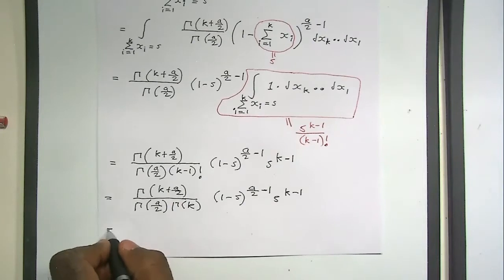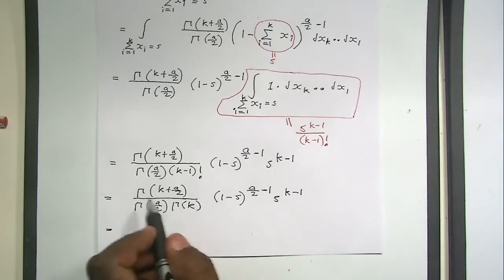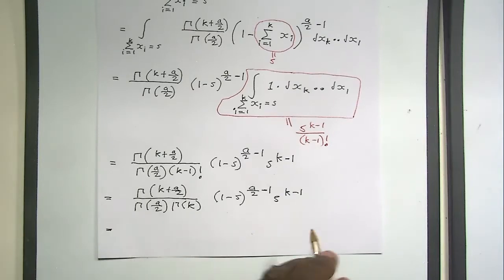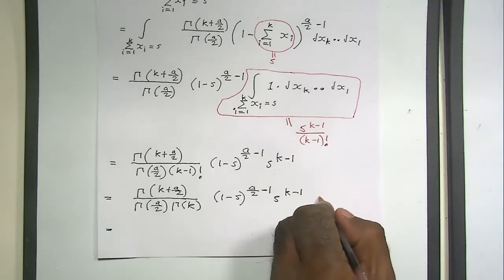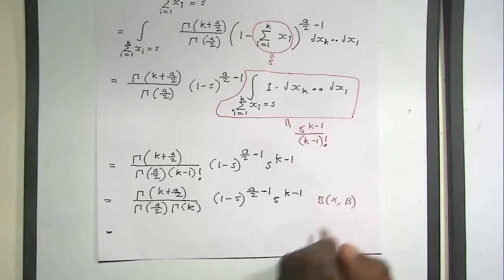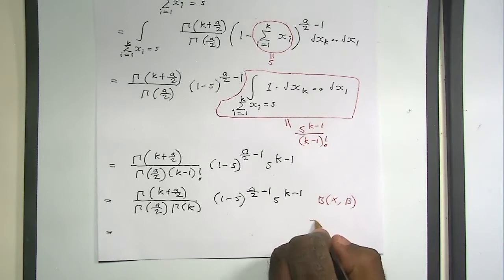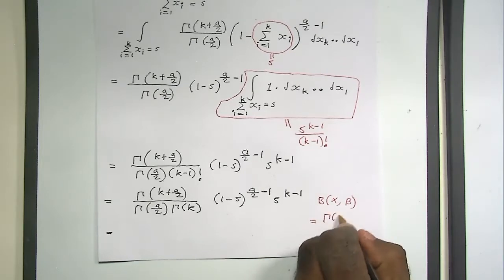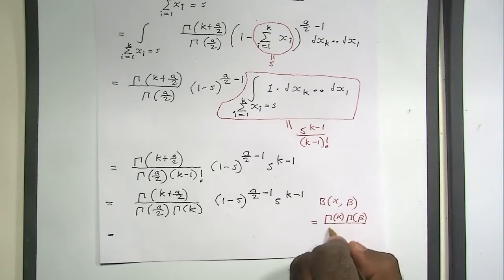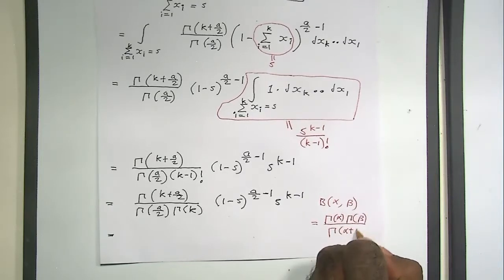And finally, this guy here, using the property of the beta function, and I'll write down the property if I did not give that before. The property is the following: if you have, say, alpha and beta, the beta function at alpha comma beta is the same as the gamma function at alpha times the gamma function at beta, divided by the gamma function at alpha plus beta.